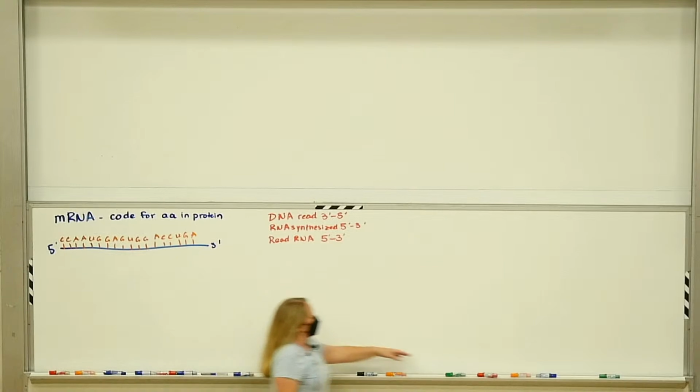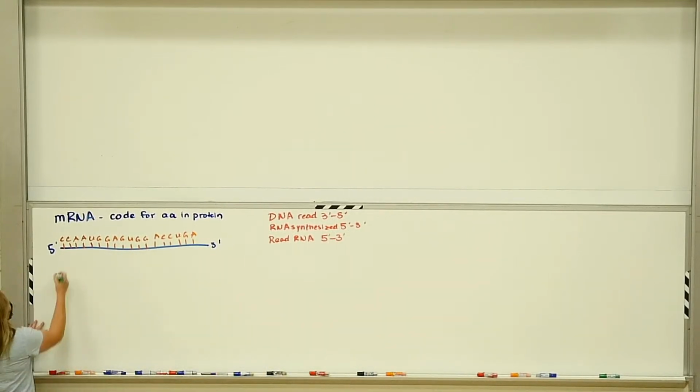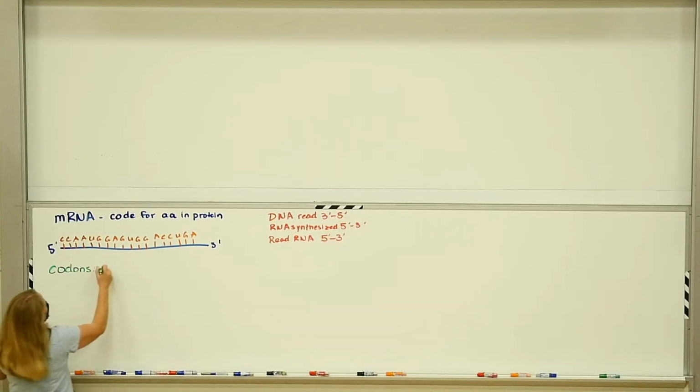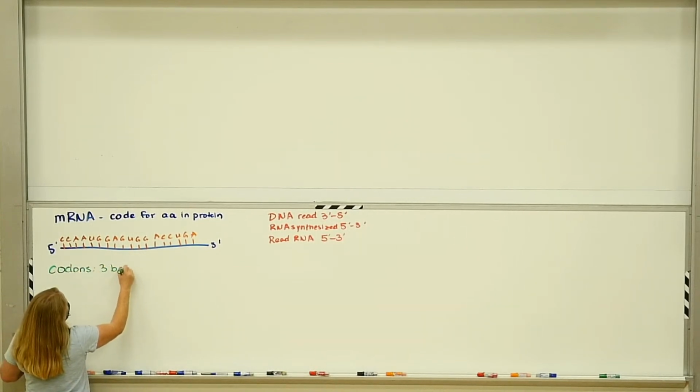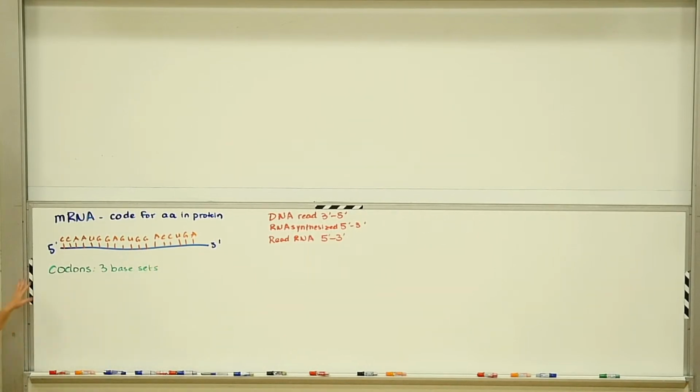So we are going to read this in sets of 3 as codons. A codon is a 3 base set. And we have to do it this way because we only have 4 different bases in mRNA: cytosine, guanine, adenine, and uracil in RNA.